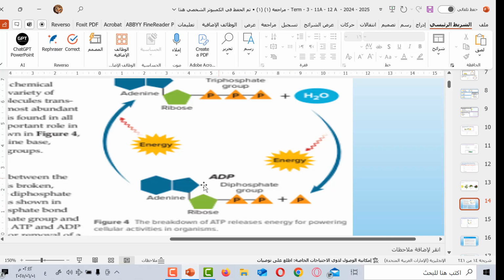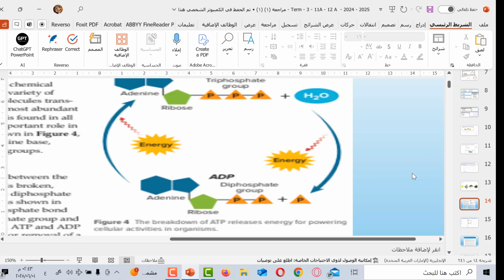Right, this process can be reversed. How? If we bring this ADP and add a phosphate group to it, under special conditions it will change to ATP, but it must absorb energy to go back to this molecule again.